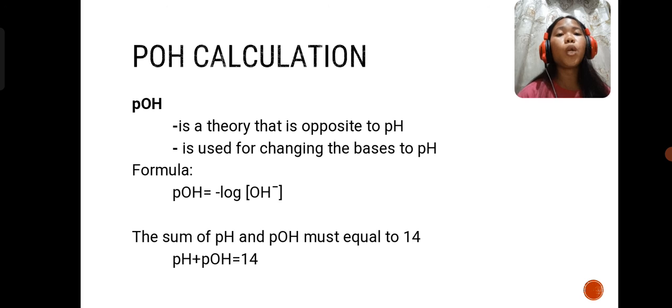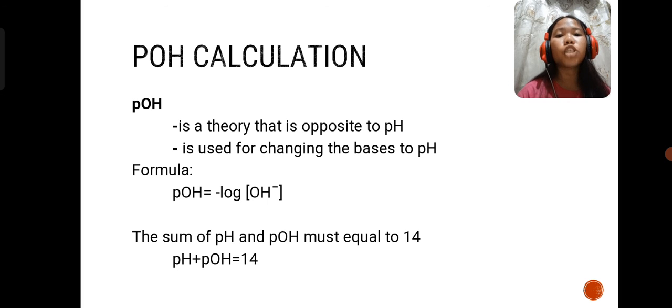So here we are at the pOH calculation. pOH is a theory that is opposite to pH. In short, pOH doesn't really exist. It was made just so that an acidic solution can be neutralized. So pOH is used for changing the basis to pH.